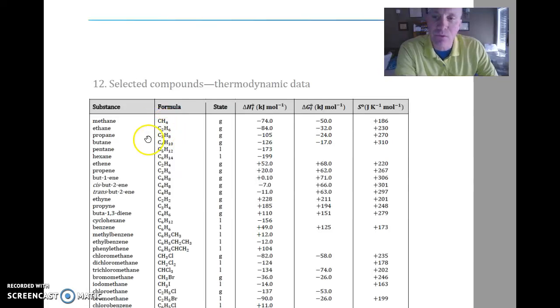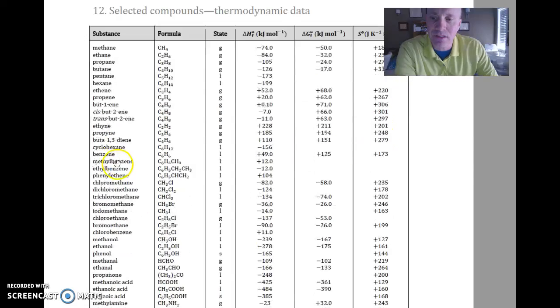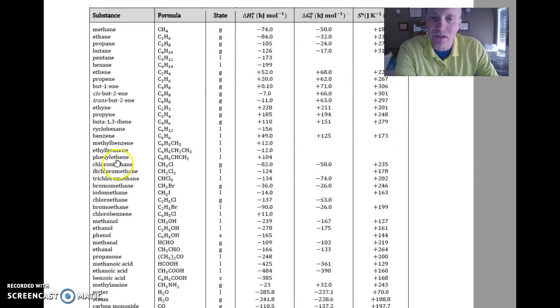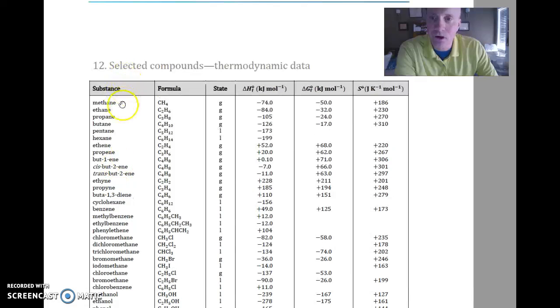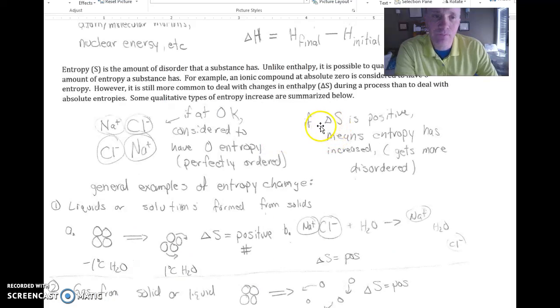All right, so notice that there aren't any compounds in this list that are ionic. These are all covalent compounds right here. So even though it is possible to give absolute values, like an exact number associated with the entropy of a particular substance, it's still more common to talk about change in entropy.